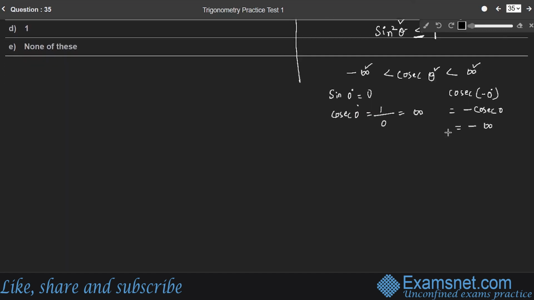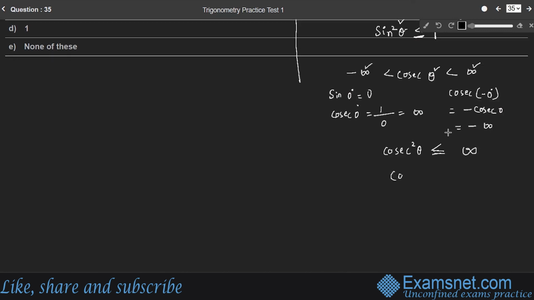So if cosecant theta ranges between -infinity to +infinity, what is the value of cosecant square theta? If it is -infinity also, its square becomes +infinity, right? Cosecant square theta is less than or equal to infinity. Why less than or equal to? Because for other values of theta, you will get cosecant square theta less than infinity, right?